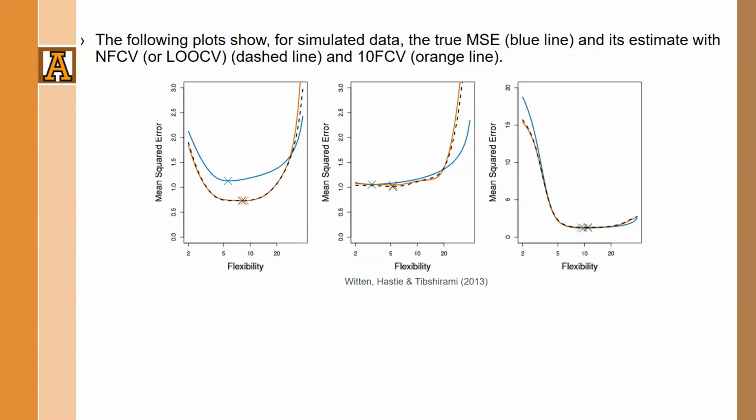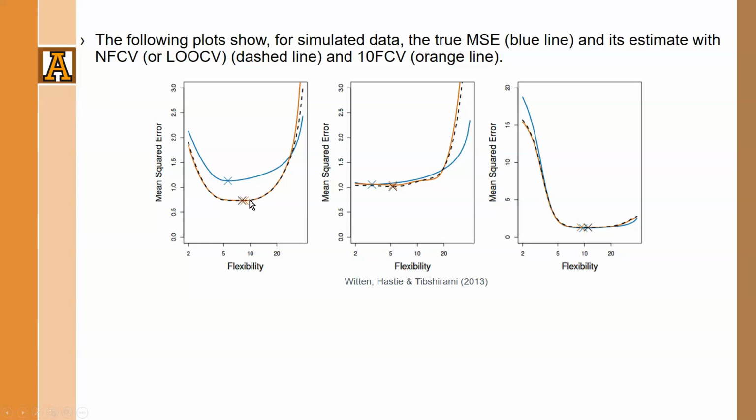If it's neural networks, it will be the number of hidden units and the number of layers of the neural network, for example. So as flexibility increases, you see, for example, the minimum for the true mean square error is around 6, right?